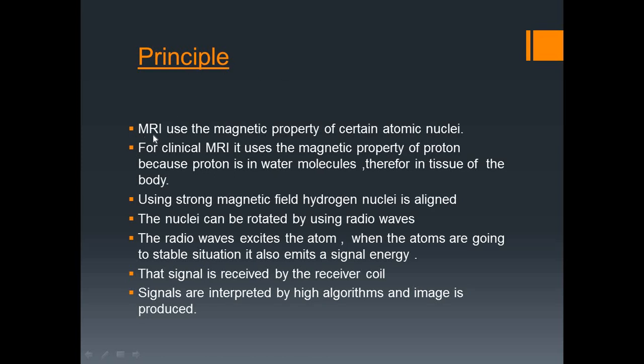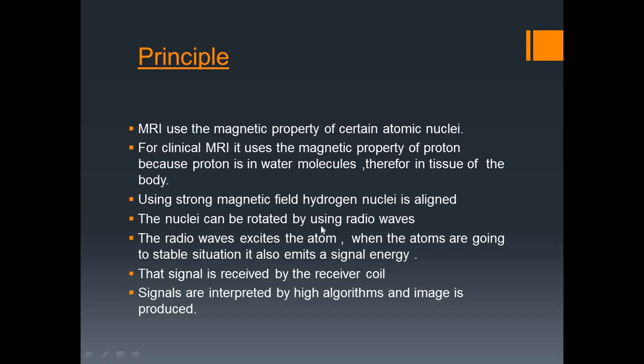Principle. MRI uses the magnetic property of certain atomic nuclei. For clinical MRI, it uses the magnetic property of the proton because protons are in water molecules, therefore in tissue of the body. Using a strong magnetic field, hydrogen nuclei are aligned.